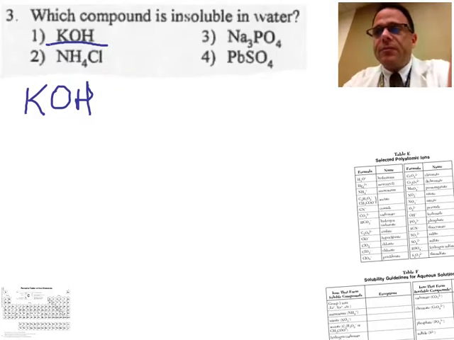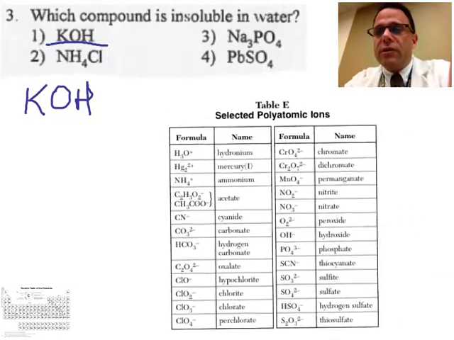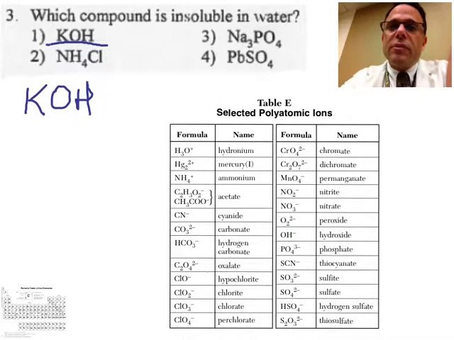Now, is there? Here's where table E would assist us. When you inspect, here's OH. This OH is right here. So what's going to happen to this substance? It's going to split into ions of potassium and hydroxide.